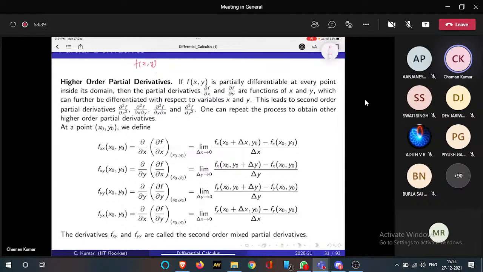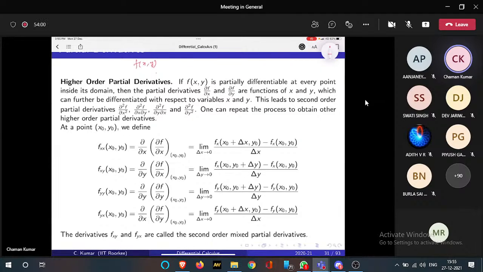This will make this function a function of a single variable. Then you calculate the partial derivative with respect to x. This function can be differentiated because it is a function of just one variable x, so you can differentiate this function as many times as you wish.